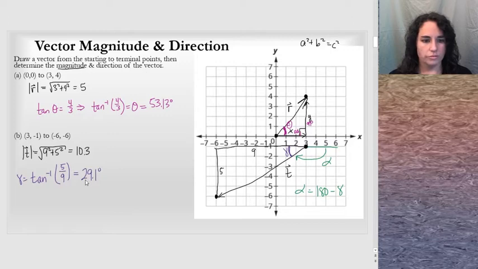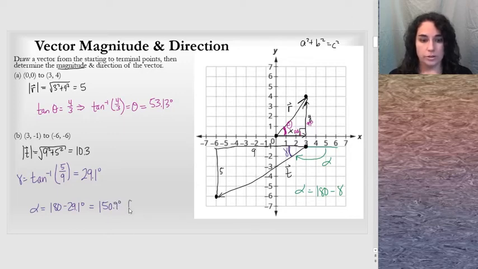It's less than 45. If they were equal, it'd be exactly 45, but it's less than. Okay, so if I wanted to find alpha, I'm going to say alpha equals 180 minus 29.1 degrees, which is a little bit less than subtracting 30. So what do I get? 150.9 degrees.